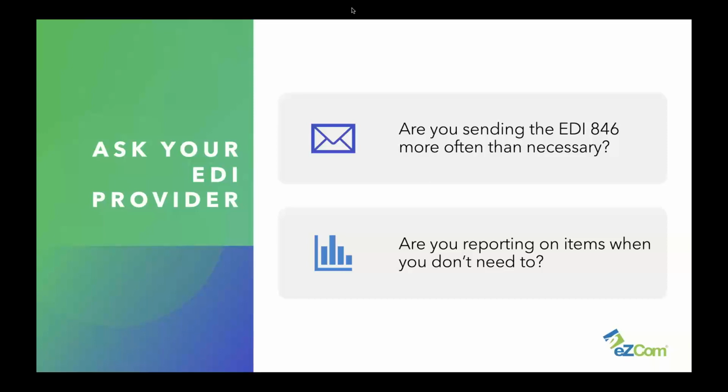Or if you're sending your entire inventory file once per day, but your retail trading partner only needs you to report on items that have a change in quantity available, again, you'd want to know, right? This could mean the difference between sending thousands of items each day to sending far less, resulting in significant cost savings.